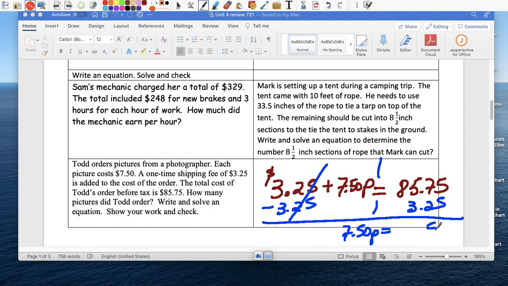This is going to be $82.50, which was actually the price of all the pictures, right? $3.25 was the shipping fee. Now divide by 7.50, divide by 7.50, and p, the number of pictures, is 11. And that will be your answer.